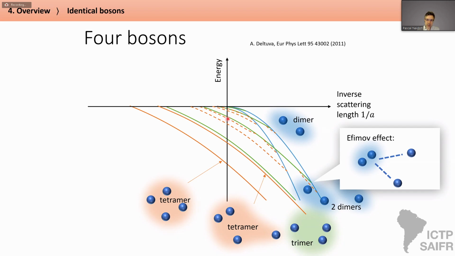So they become insensitive to what happens at short range. That explains the insensitivity of these states to the shorter scale. But if somehow this potential curve is different and allows the probability to go to shorter distance, then in principle there could also be some dependence, and these tetramer states could move.